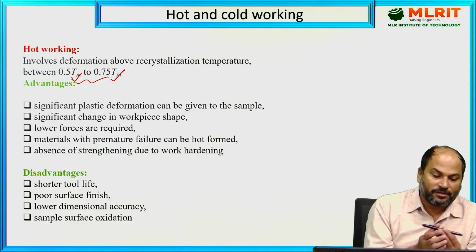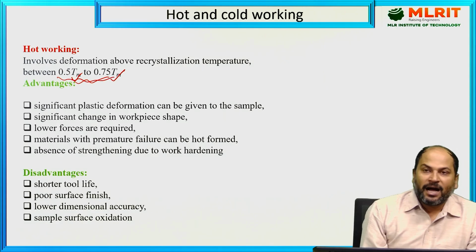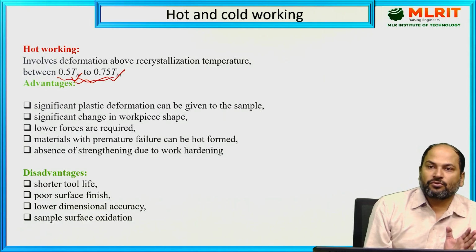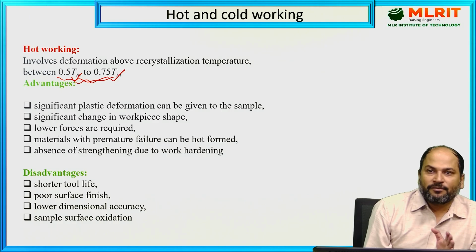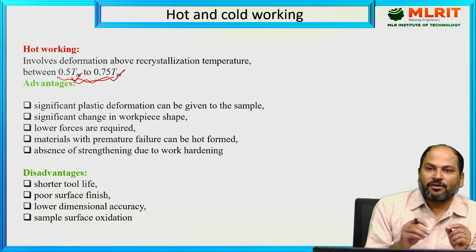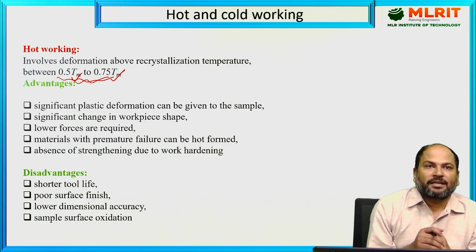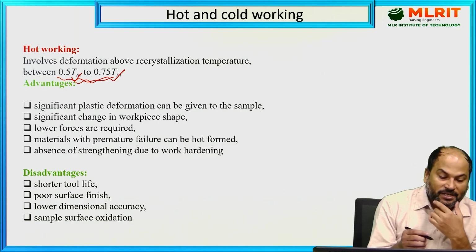But generally its temperature is considered as half of the melting temperature to 0.75 of the melting temperature of the material. So if we are processing the material in this range, it is known as hot working. So what are the advantages?